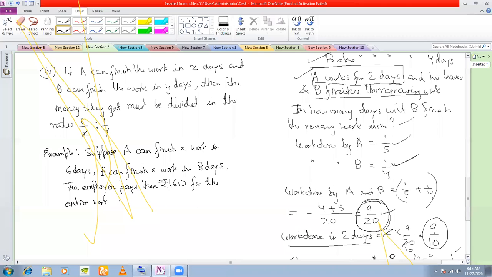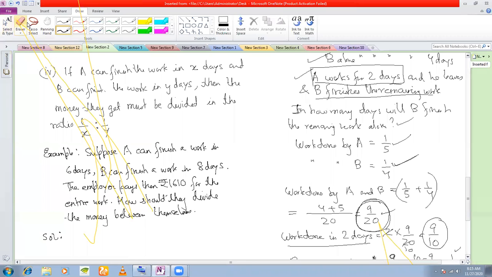The question is how should they divide the money among themselves?